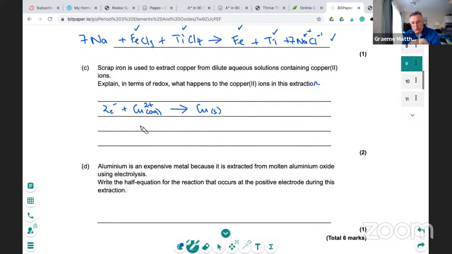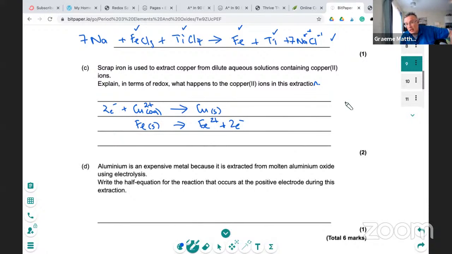And then you got the iron, scrap iron. So they're putting the iron in. Well, I'm just going to take a guess that iron is going to be going down to Fe2 plus and 2 electrons, right? Now, chemists, on this one, you're thinking iron has a +2 or a +3 oxidation state.